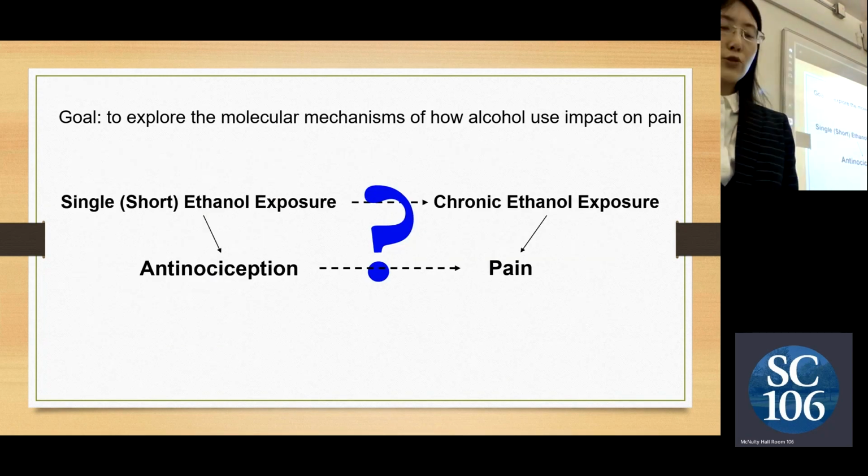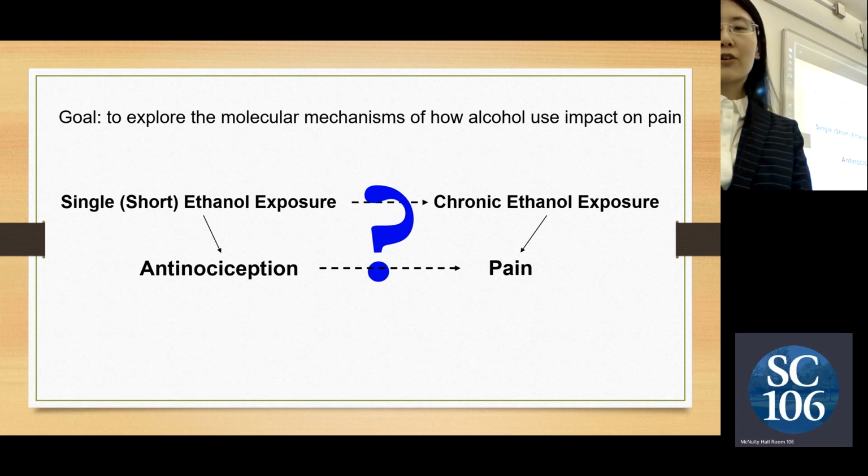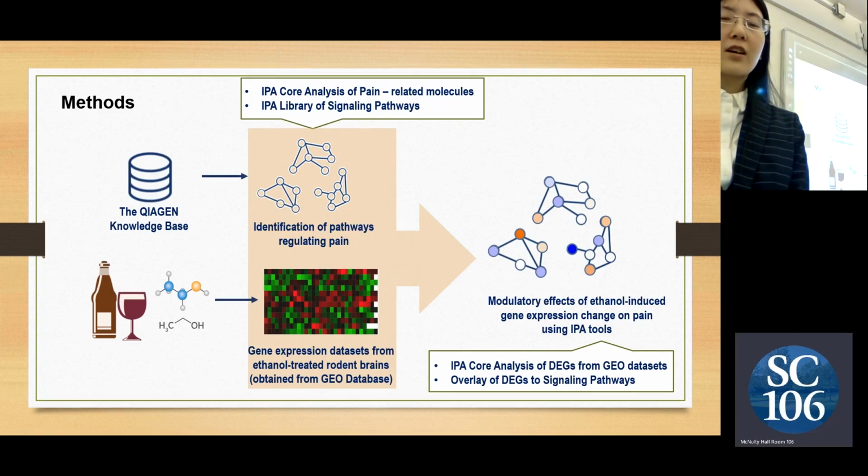With the powerful tool of Ingenuity Pathway Analysis, as all my group members have introduced, I'm going to explore the molecular mechanisms of how alcohol use can impact pain. First, the pain regulation networks will be identified by mining the QIAGEN knowledge base, using co-analysis of the pain-related molecules, and also by searching the library of signaling pathways.